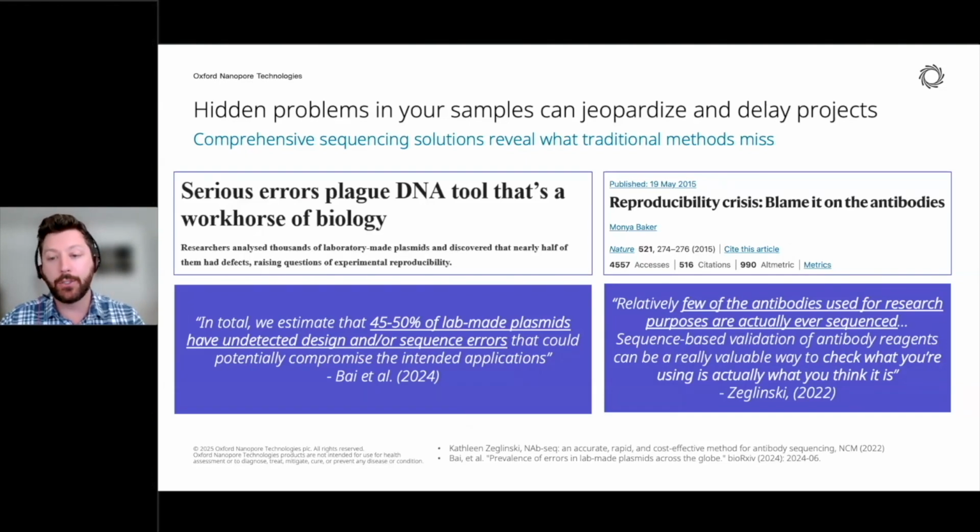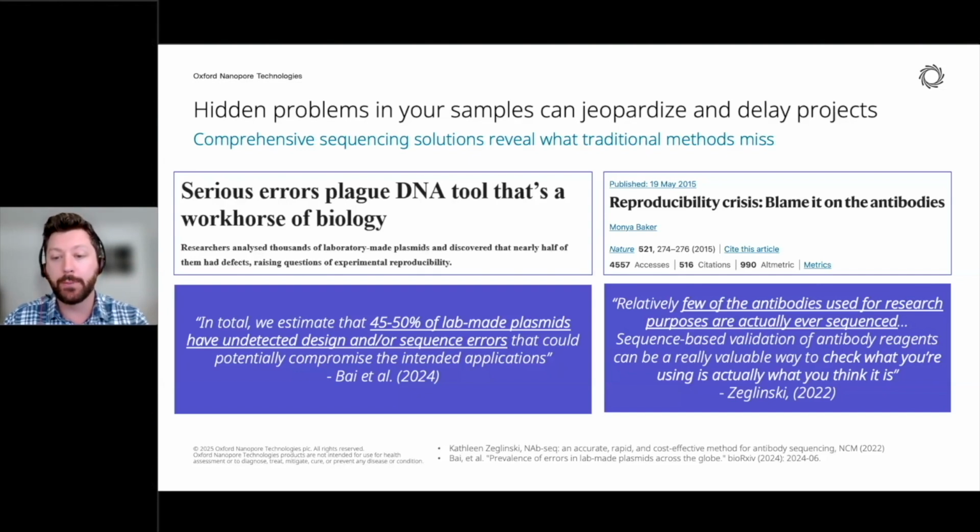And to me, studies like this should really be a wake-up call for anyone in this field, as these are the very reagents used to express your genes of interest and produce your viral vectors, and ultimately advance your pipeline. In the antibody space as well, others have pointed out that most antibodies used in research are actually never sequenced. A researcher named Kathleen Zeglinski and her colleagues did a recent study on this.